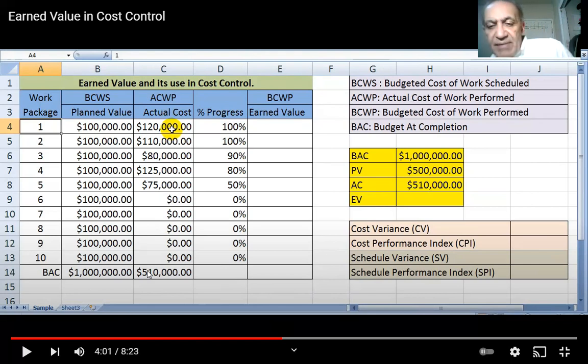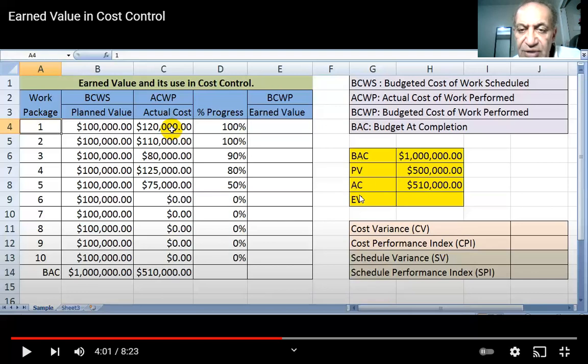So we have 3 numbers now. We have a number for the whole planned standard cost, which we plan for the whole project, which is 1 million. The share of that for the 5 stages would be 100 for each stage.